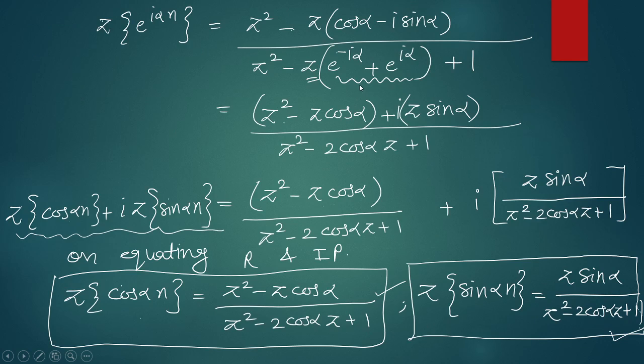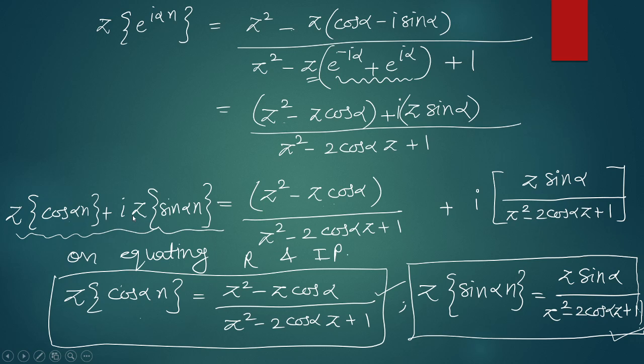Therefore, we write down this as z square minus z cos alpha and separate the imaginary part. Here denominator term is z square minus, here we add z, multiply and divide by 2, its value is cos alpha. Therefore, 2 cos alpha z plus 1. Now separate real part and separate imaginary part.